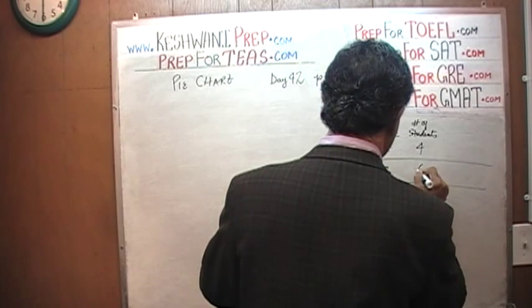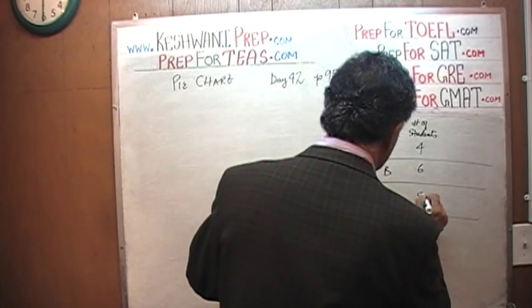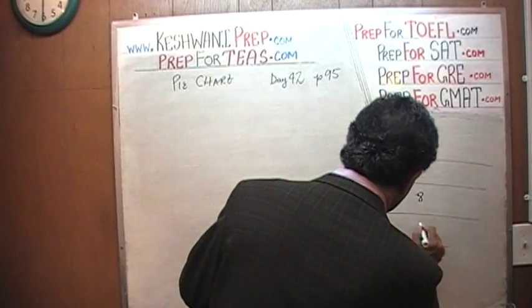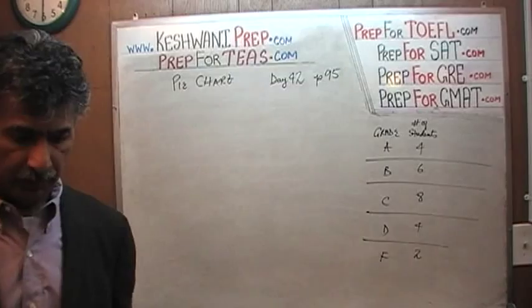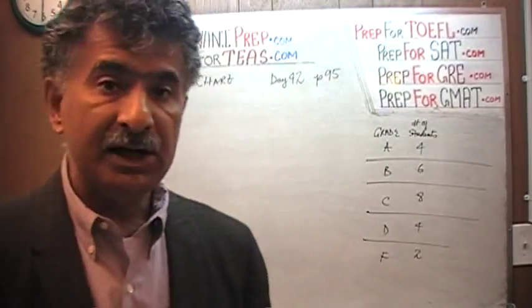Number of students who received B is 6. C, we are told, is 8. D, we are told, is 4. And F is 2.